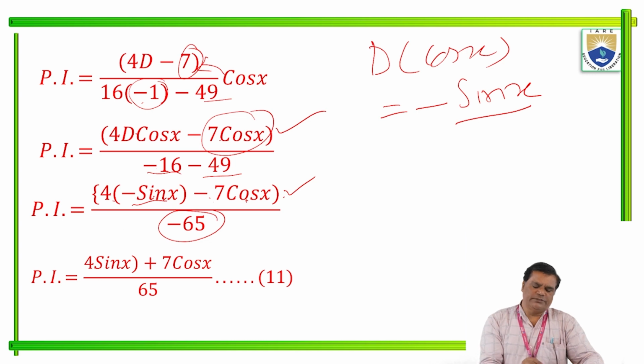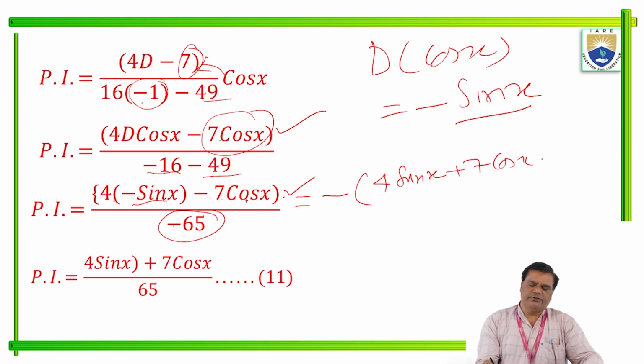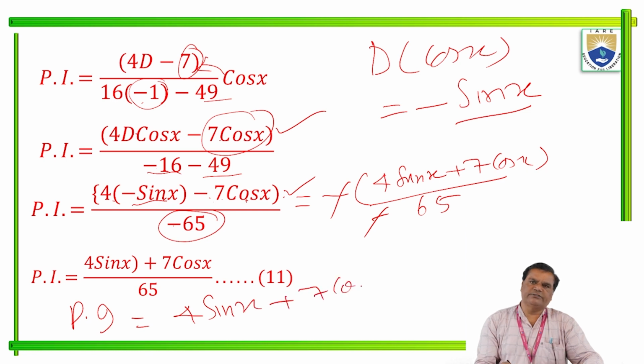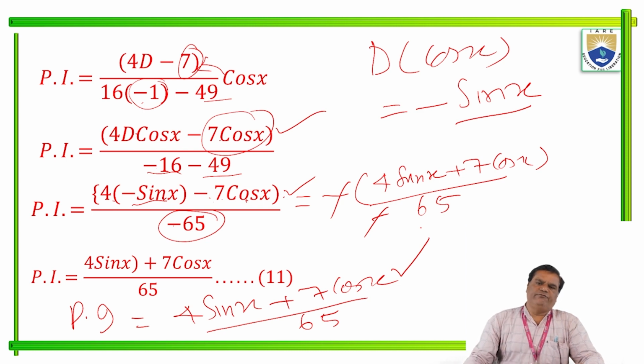So here is minus 4 sin x and minus 7 cos x. Taking minus common, 4 sin x plus 7 cos x upon 65 minus, so minus minus is cancelled. So we get 4 sin x plus 7 cos x upon 65. So PI is equal to 4 sin x plus 7 cos x upon 65. This is the complete PI of the equation.